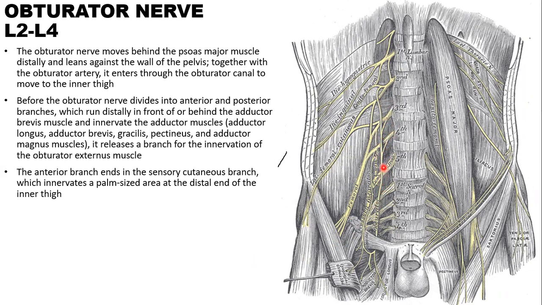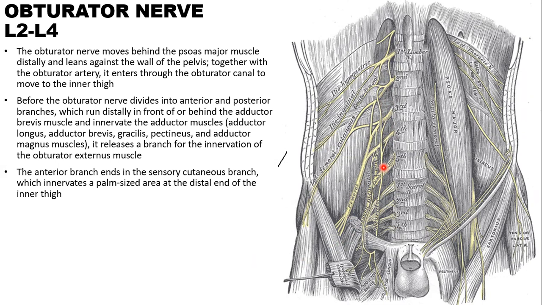So the obturator nerve moves behind the psoas major muscle distally and leans against the wall of the pelvis. Together with the obturator artery, it enters through the obturator canal. You have the obturator foramen formed basically by two bones, the pubis and the ischium. On that foramen you have the obturator membrane.